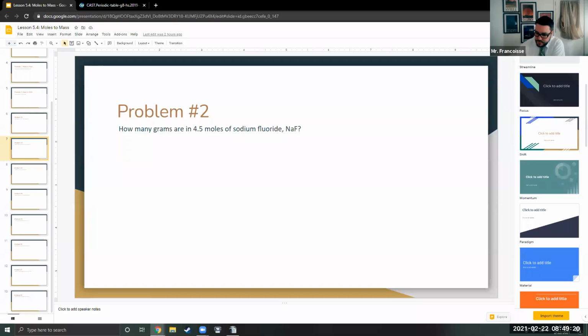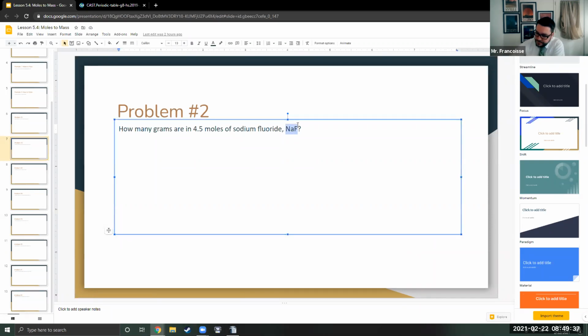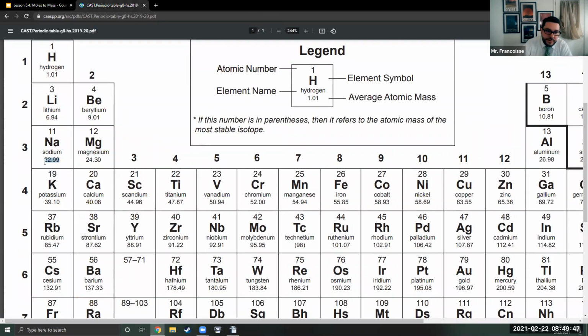Okay, so problem number 2, they give us 4.5 moles of NaF. So we have to figure out what's our mass of Na and F. So we'll look at our periodic table. Sodium, Na, is 22.99.